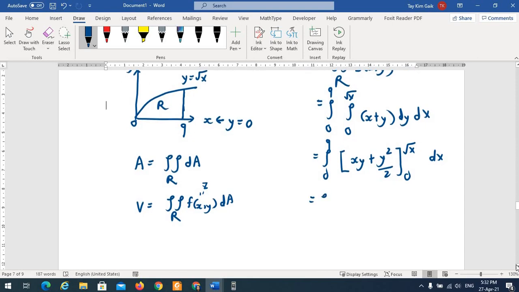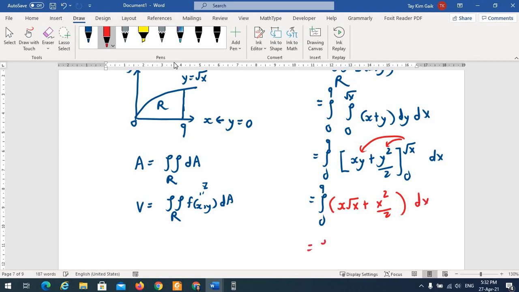Then substitute the limits first. Since you integrated with respect to y, make sure you plug into y. So we have x times square root of x. Then square root of x squared gives x squared over 2, hmm, actually x over 2. Plug in 0, everything is 0.